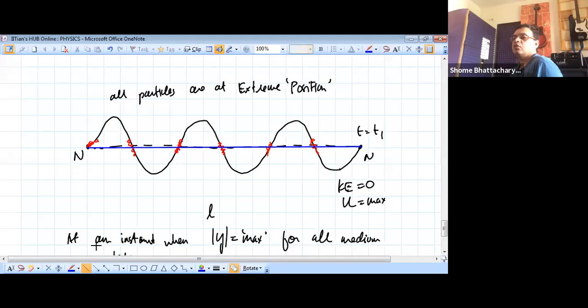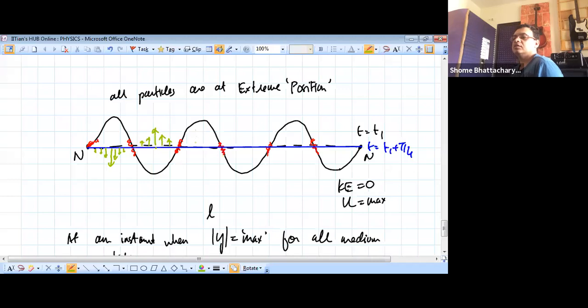At t equal to t1 plus capital T by 4, all the particles would have reached this kind of position, where you can see the velocity of the moving particles, this antinodal point, is rushing down towards the negative extreme. So the velocity vectors will look like this. Similarly, this next consecutive antinode is opposite in phase with respect to these particles.